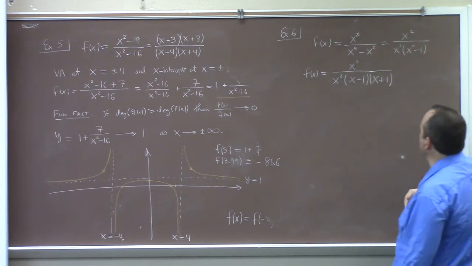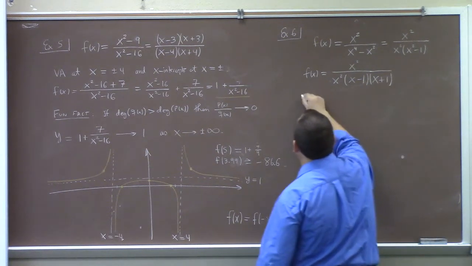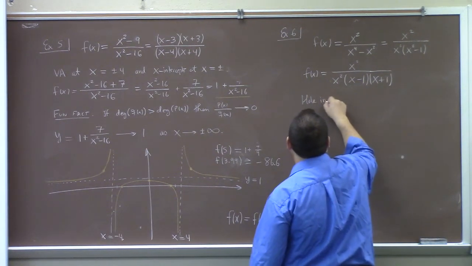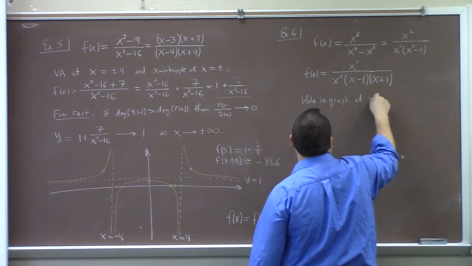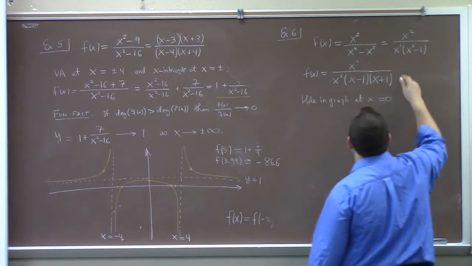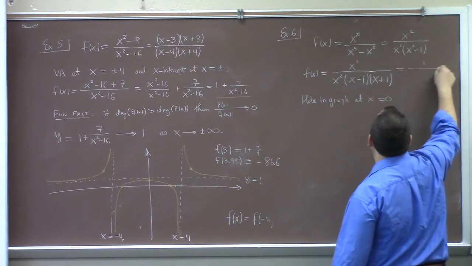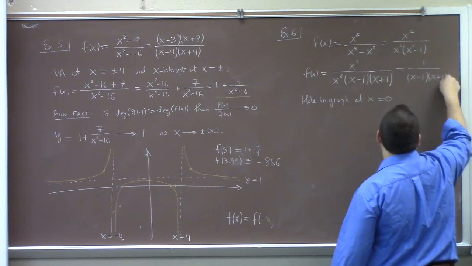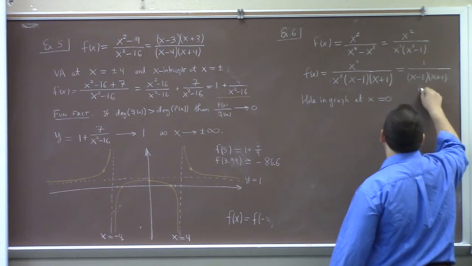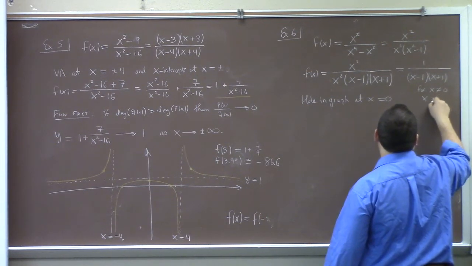So basically, this is just going to have a hole in the graph at x equals 0. And notice that this is equal to 1 over x minus 1 times x plus 1 for x not equal to 0 and x not equal to plus or minus 1, right?